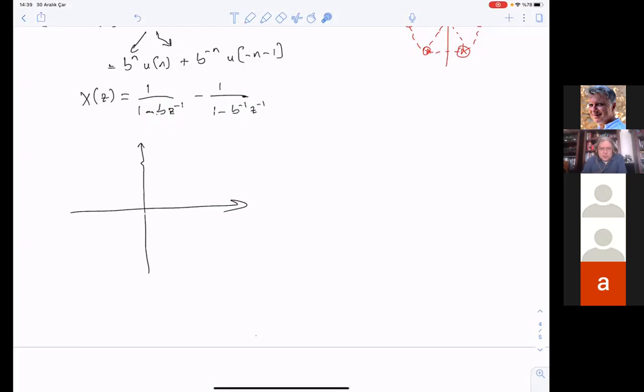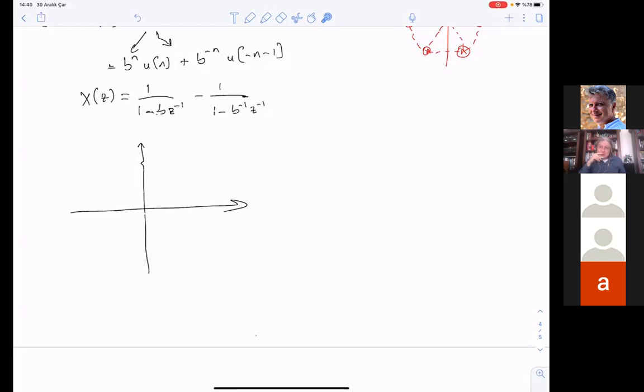These are the two poles. This one corresponds to the right-hand side of the signal, so the region of convergence is to the out of the circle with a radius b, to the out of b. And for this one, it corresponds to a left-hand side of the signal. Therefore, it's to the inside of 1 over b.